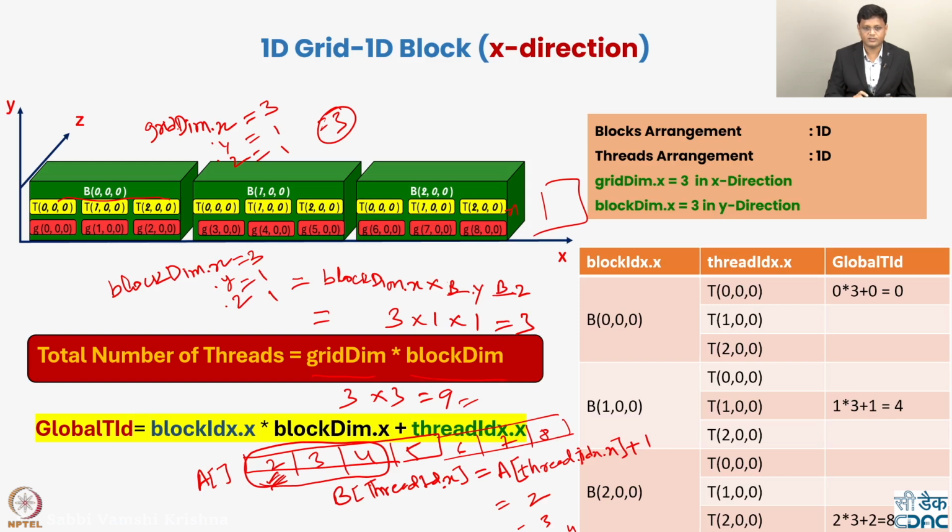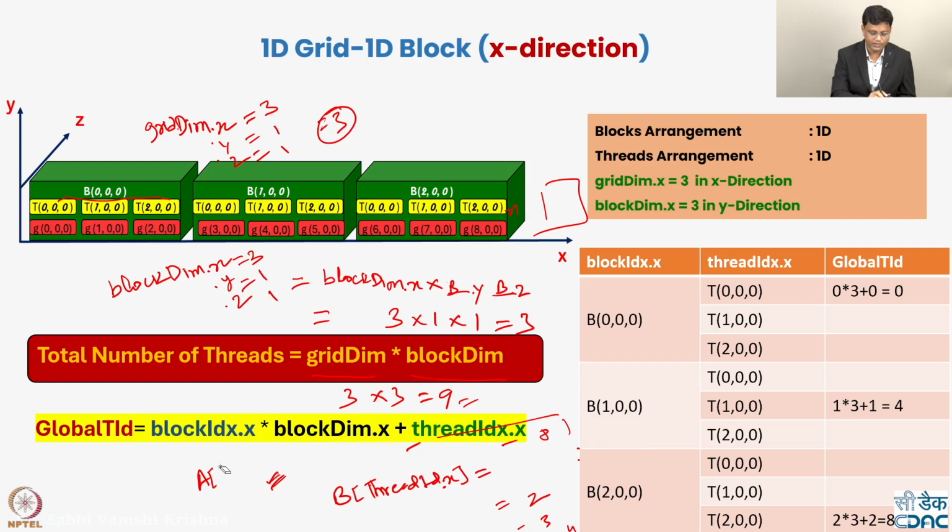How to overcome that? To overcome all this, we need to calculate the global thread ID. So, let us see how we can calculate that. The formula is in front of you. First of all, you need a block ID because this is arranged in the x direction.